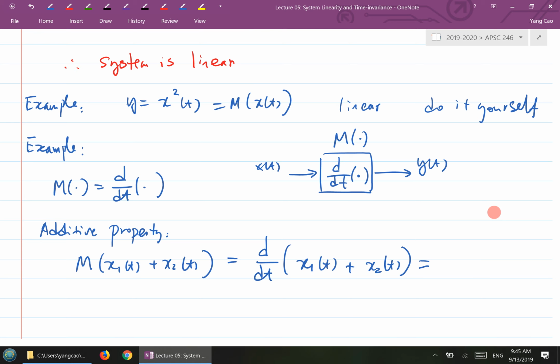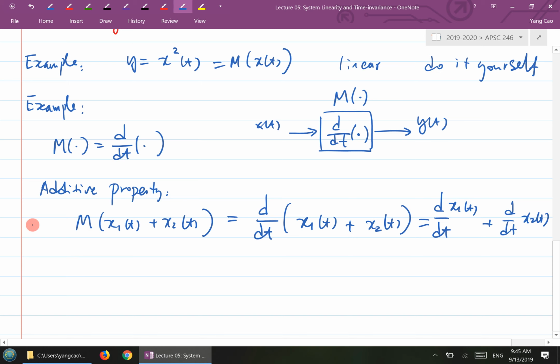So this will become d over dt x1 of t plus d over dt x2 of t. Basically, the derivative operates on each one of these separately now.